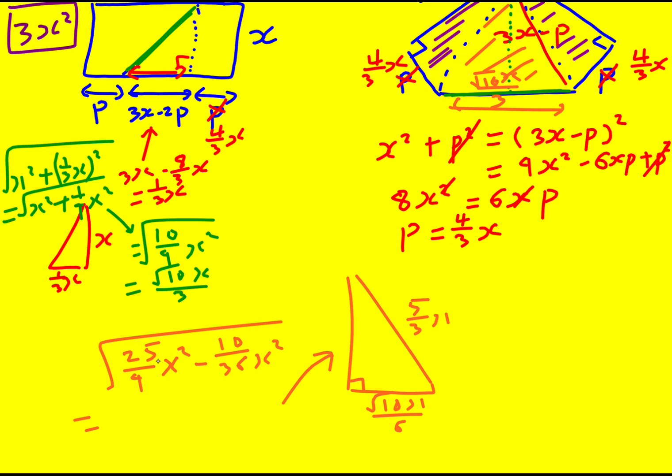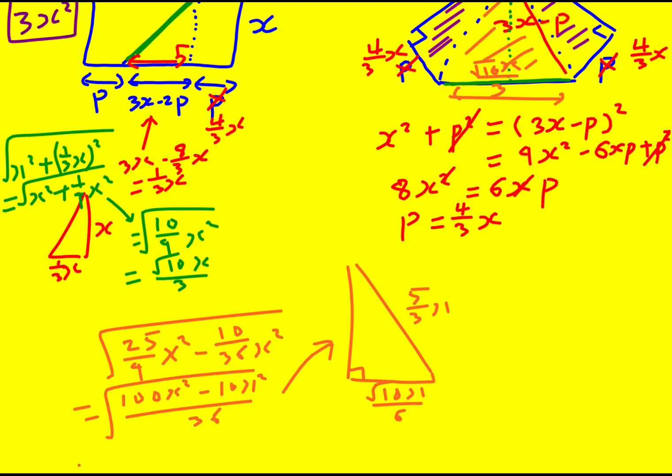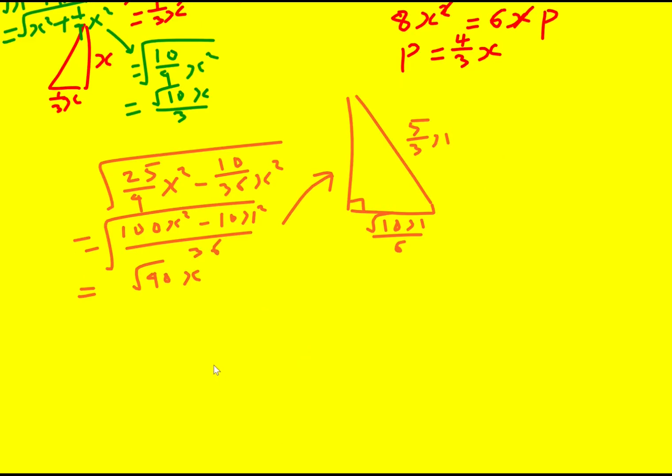I'm going to need to put it over a common denominator. So I'm going to get 100x squared minus 10x squared, all over 36, square rooted. But this is the height, which is going to be root 90 x, because I get 90x squared, then separating the 36, root 90 x over 6.